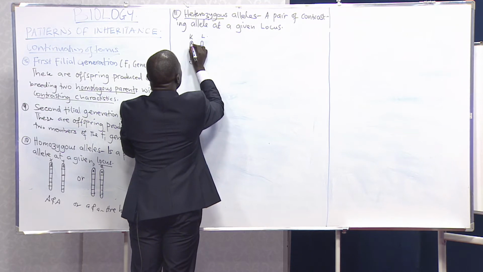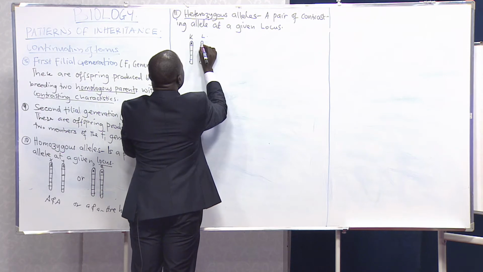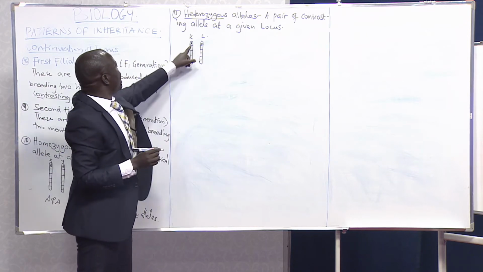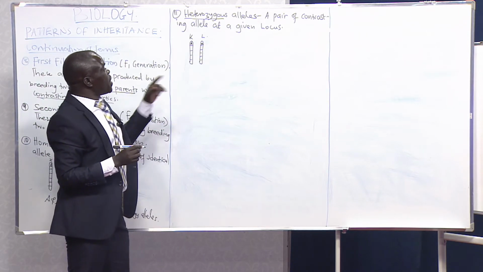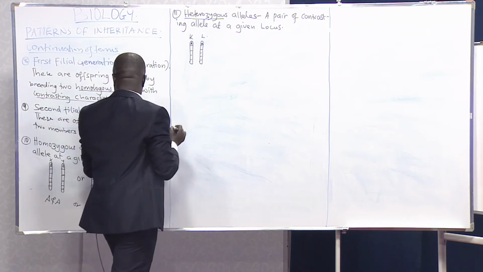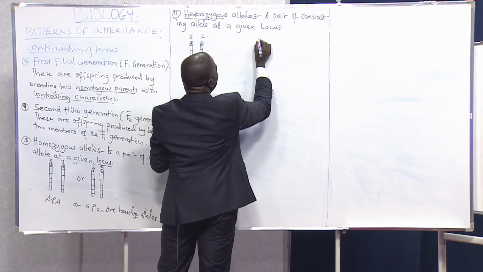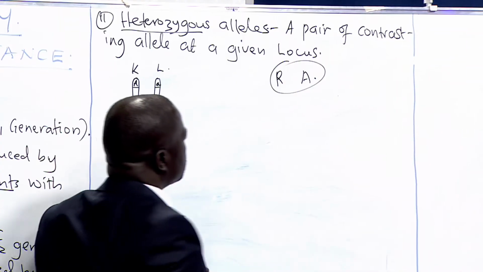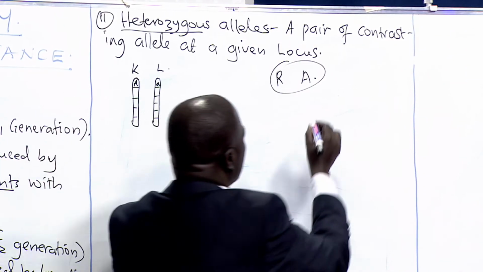If this is capital A, and this is also capital A, they are the same. But if I have another gene, let's say R and then A, these are not the same. They are contrasting.